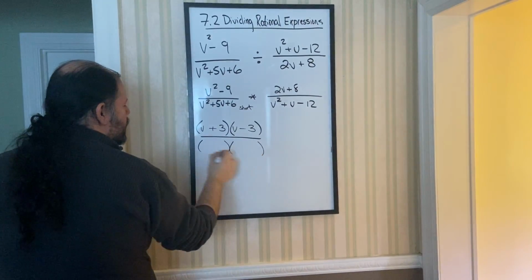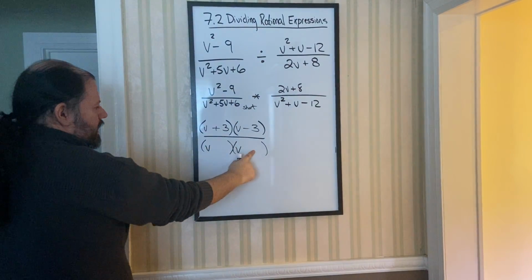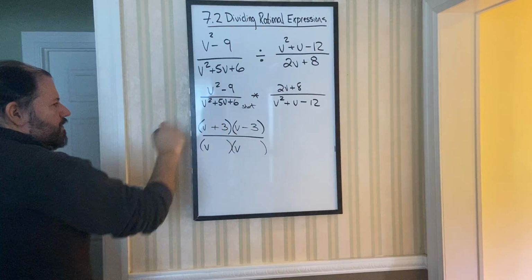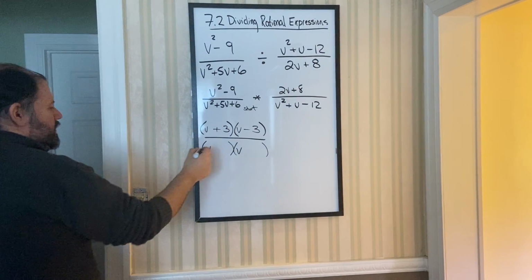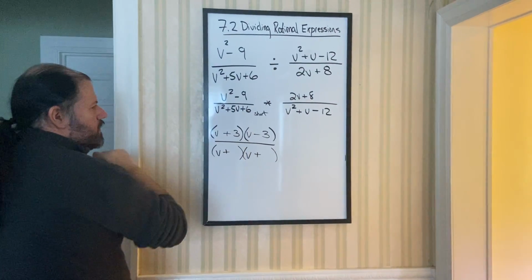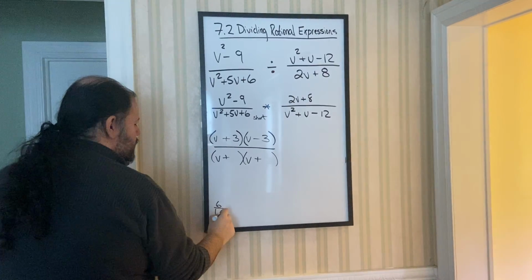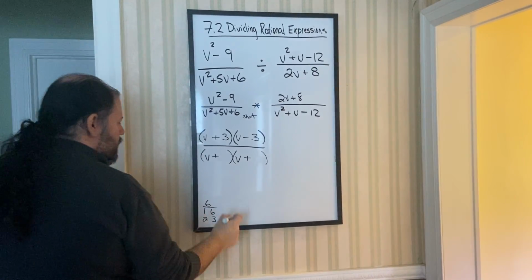Setup, sign, so plus means that these are the same signs. So you gotta look at the middle to determine what type. 2 positives, so that's step 2. Step 3, do all the combos of 6. 6 is 1 and 6, 2 and 3.